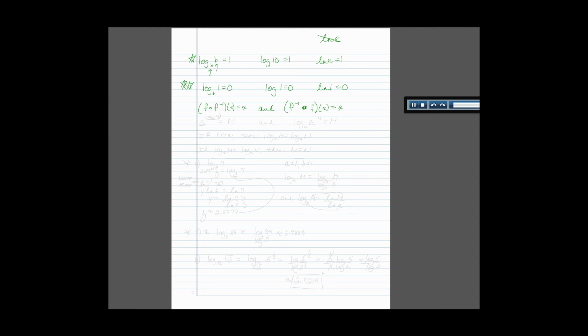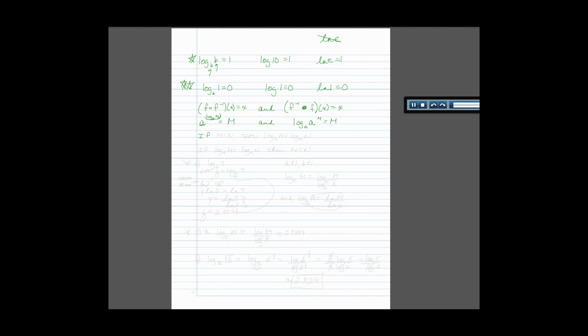So we can say in the same way, a to the log base A of m is equal to m. Notice it's the same base being raised to the log base A of m, which is m, and the log base A of A to the m is just m.